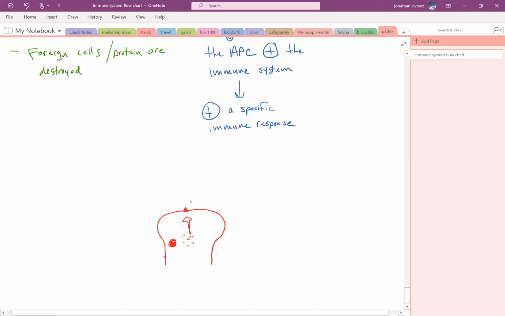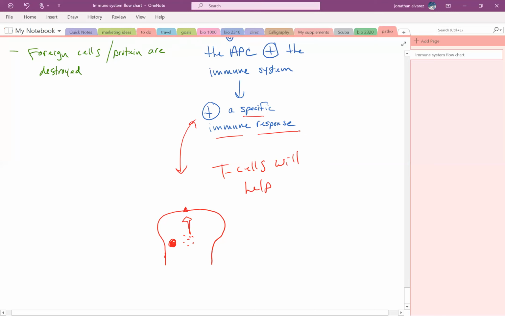There it is. Okay, the T cells will help with this process with the activation of a specific immune response.